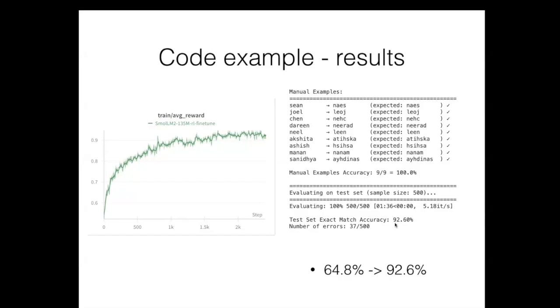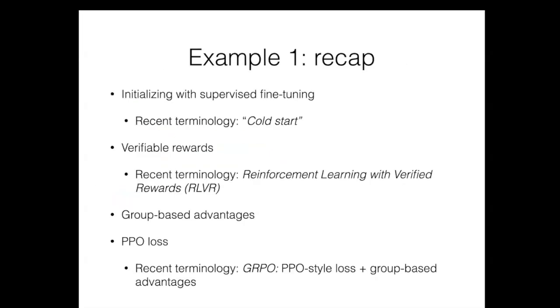Okay, so that's the simple example with reversing the string. And so again, we can look at some terminology based on what we've looked at so far. Sometimes you'll see the term cold start referring to this initial supervised fine-tuning.